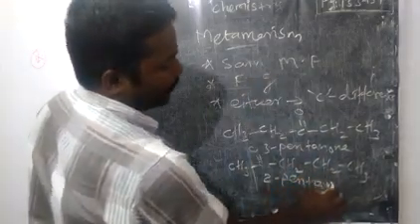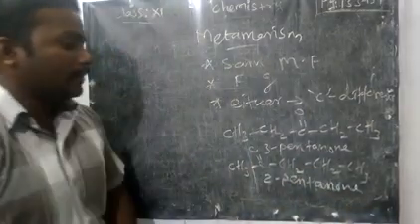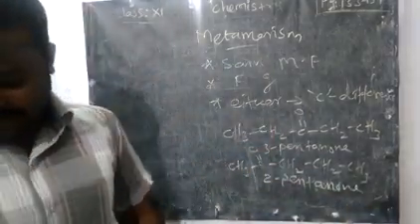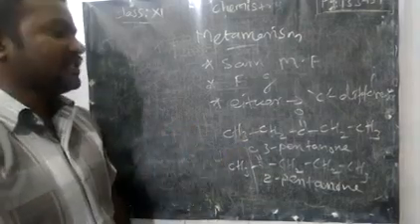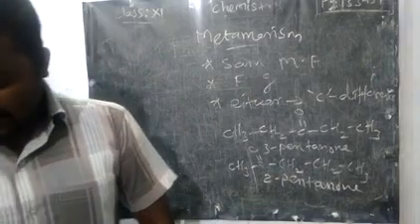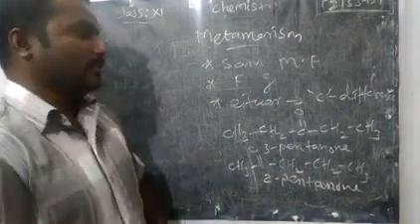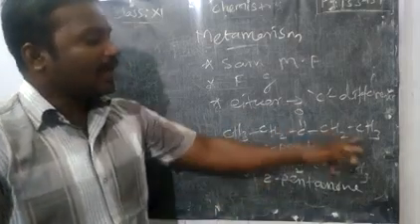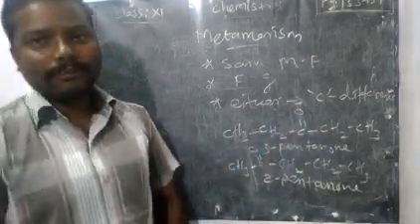That is called metamerism. You may ask, sir, this is nothing but position isomerism, sir. Position isomerism also has this, where the position of C double bond O is different. Yes, it is similar to position isomerism, but here we are comparing the number of carbons on both sides.